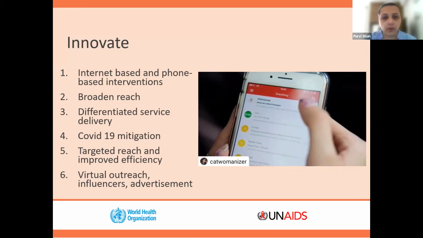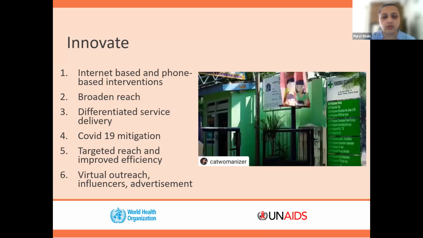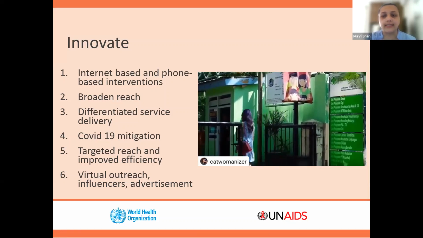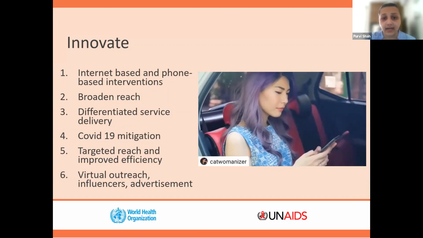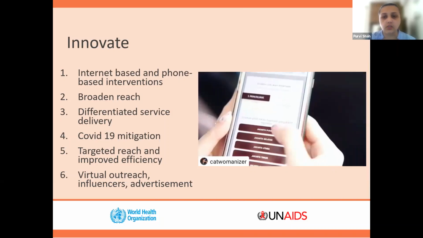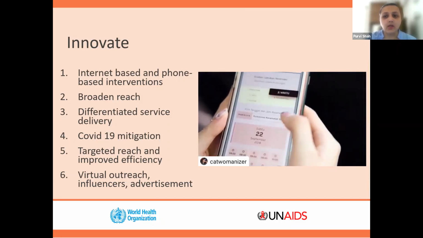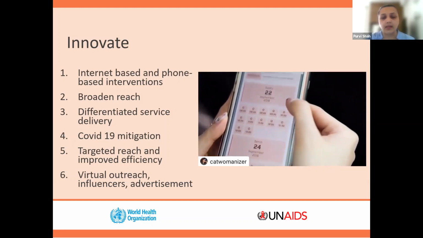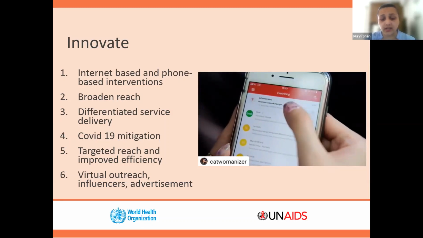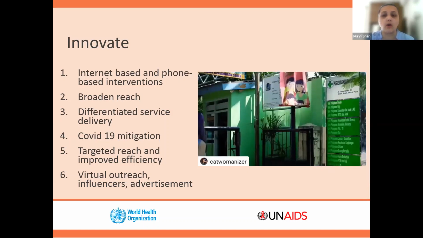When we talk of innovations or virtual interventions, there can be two types. One could be internet-based, where countries which have good internet connections could use internet-based platforms, or the other could be phone-based interventions, which only use a simple phone. Innovations should be designed so that we can broaden our reach, because the populations that we find on virtual spaces are a little different from the populations that we find offline.